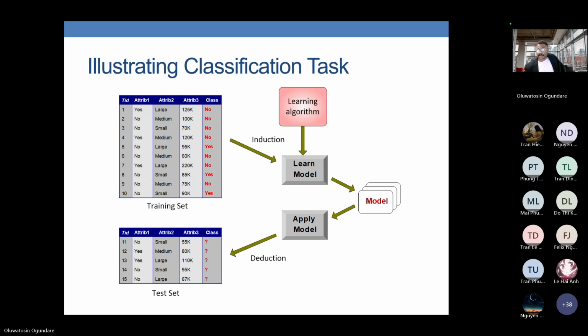And when you combine this with no, small, 85K, and with no, large, 95K, it's reasonable to think that no, small, 95K would be approved as well. No, large, 67K, it's unclear what will happen in this case. We know that no, small, 70K or less would be denied, but we don't know what the impact of large would be on that decision.